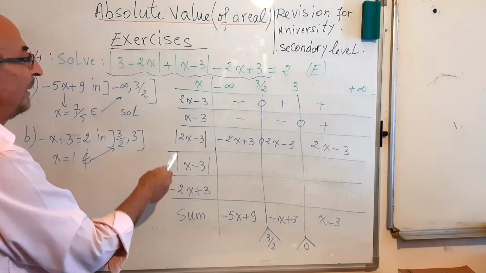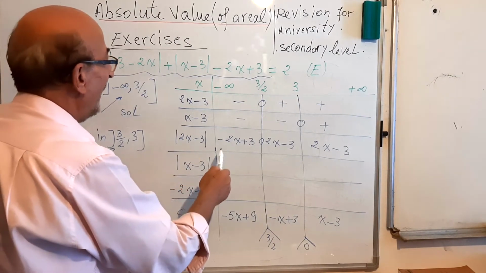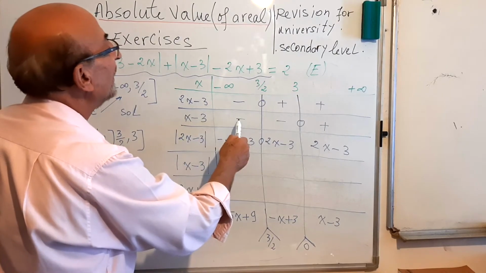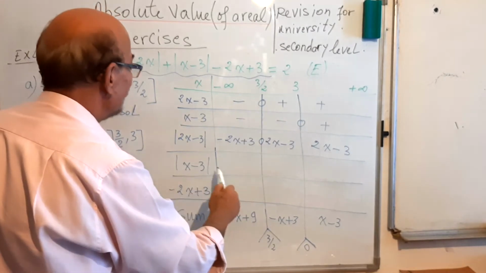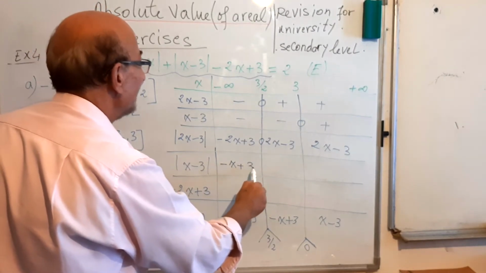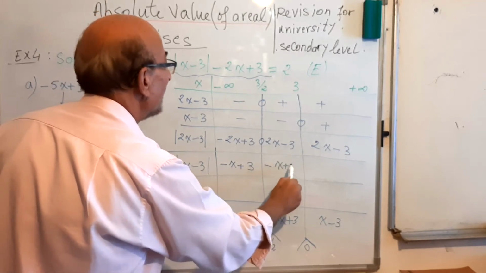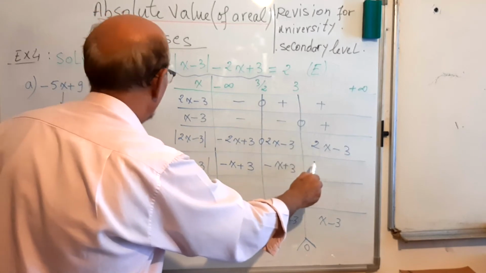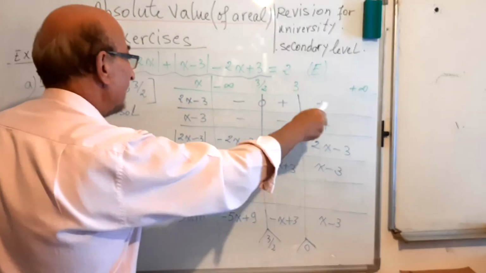Similarly, for the absolute value of x minus 3, x minus 3 is negative for x less than 3, so the absolute value is the opposite, minus x plus 3, and equals x minus 3 for x greater than 3.